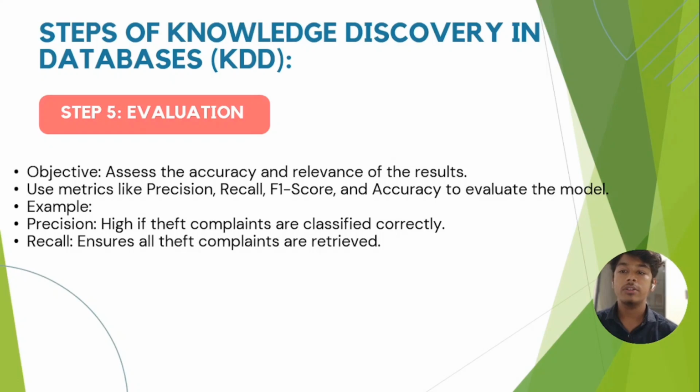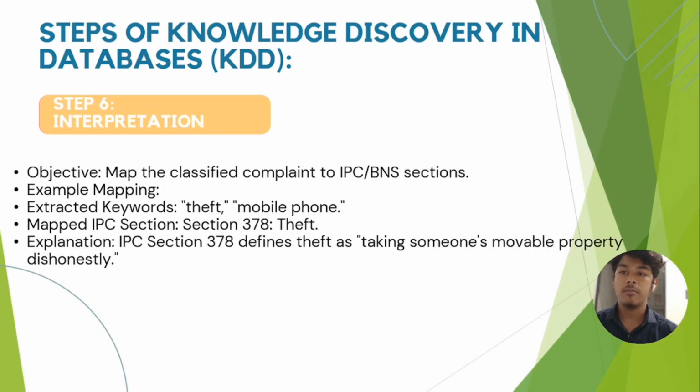Fifth, evaluation. Objective: assess the accuracy of the relevant results. For example, use metrics like precision, F1 score, accuracy to evaluate the model. Example, precision is high if theft complaints are classified correctly. Recall ensures that all theft complaints are retrieved.